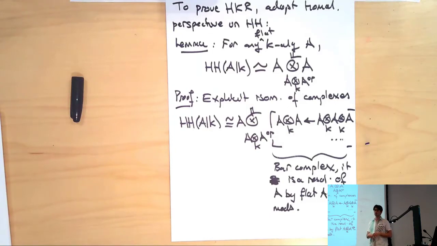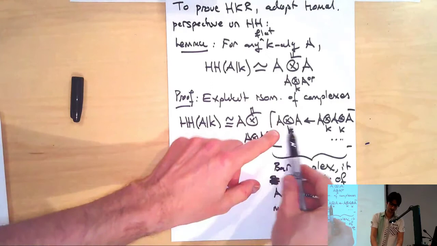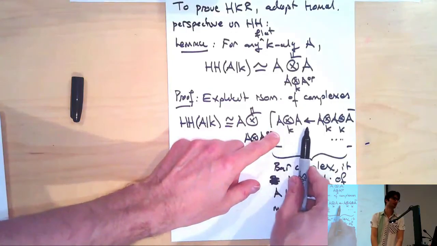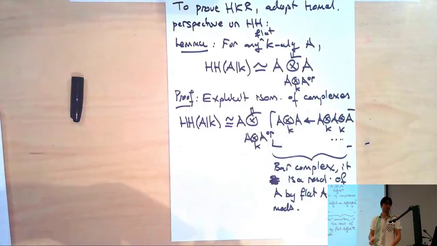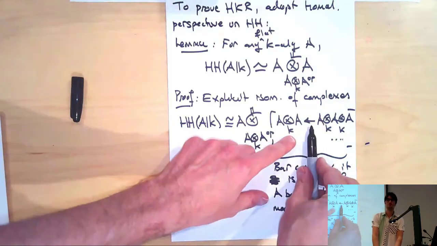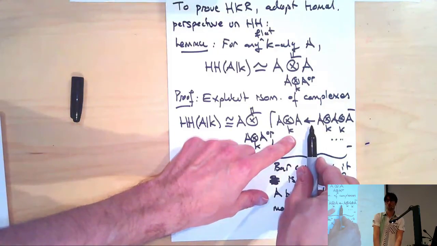Then it's a classical result in homological algebra that, because A is a unital algebra, this complex is in fact exact except at degree 0, where you can see it resolves A, because if I send A tensor A to A by the multiplication map, then the image of this boundary map precisely describes the kernel of multiplication.